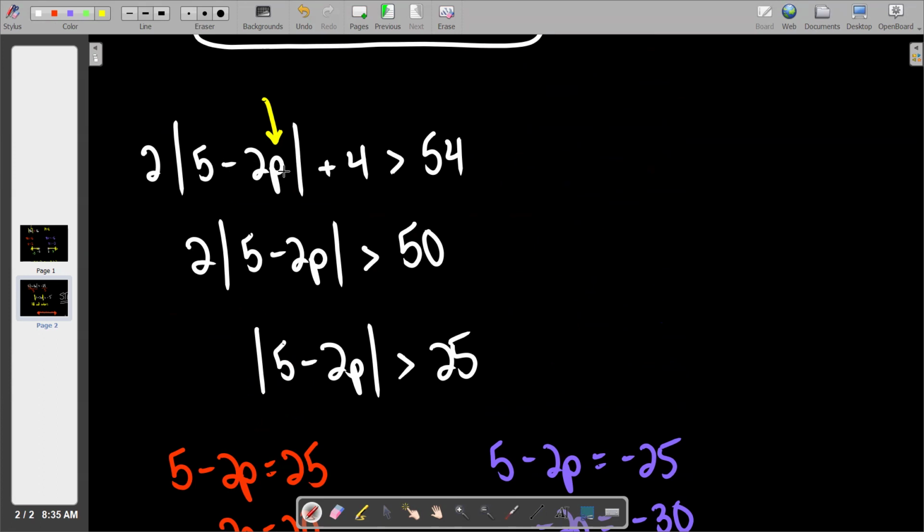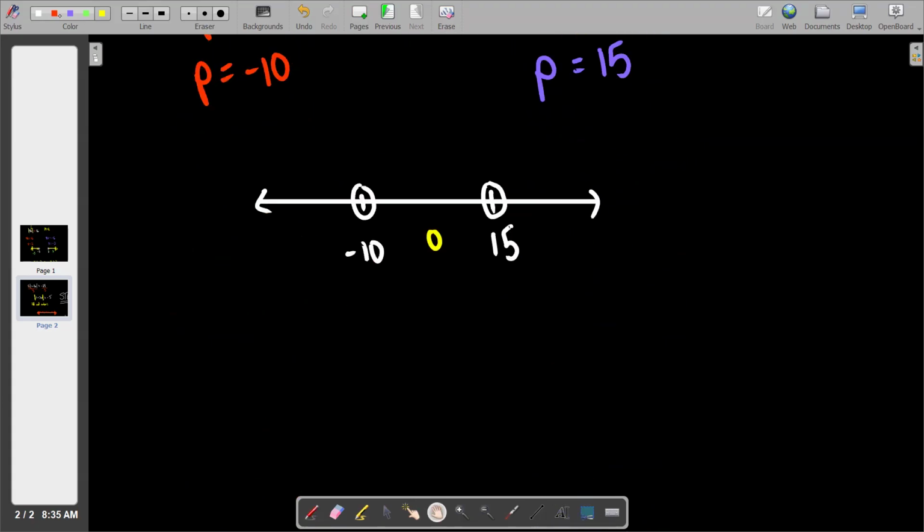What's 5 minus 0? 5. And what's 2 times 5? What's 10 plus 4? Is 14 greater than 54? It is not. Therefore, the point lies in a bunk region, which means by default that these regions will work.